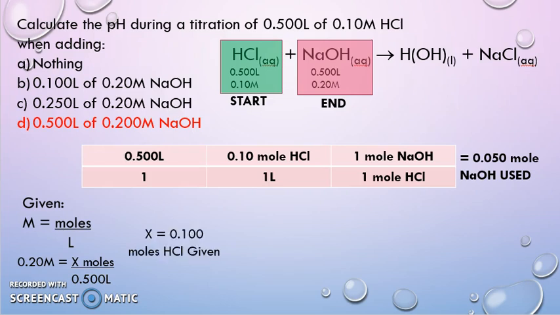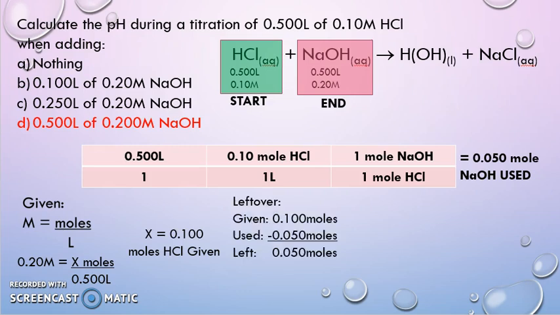I calculated for this problem 0.100 moles of, and that should say NaOH. I'm sorry, I forgot to change that. Time to subtract from what we were given. We were given 0.100 moles. We used up 0.05 moles. That means we have 0.05 moles of NaOH left over at the end.